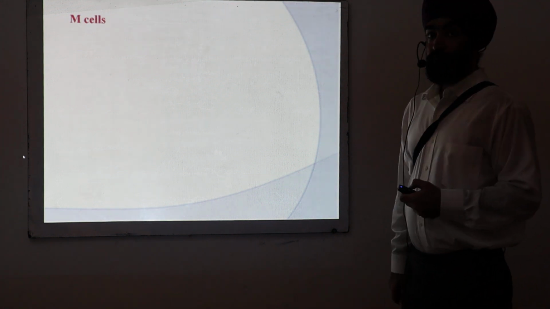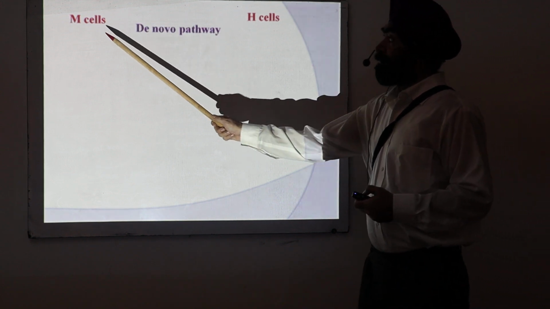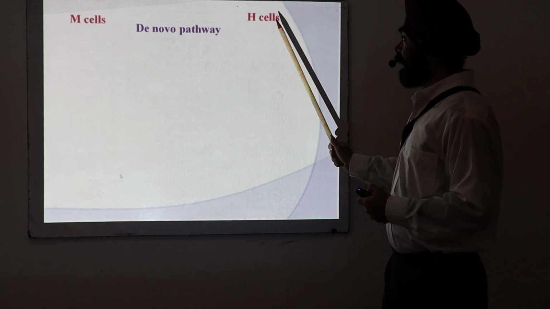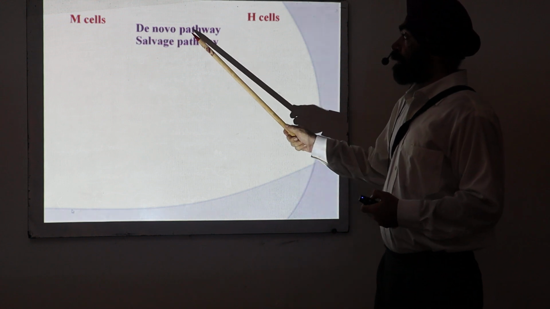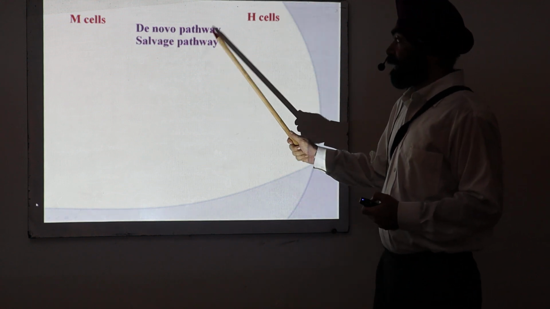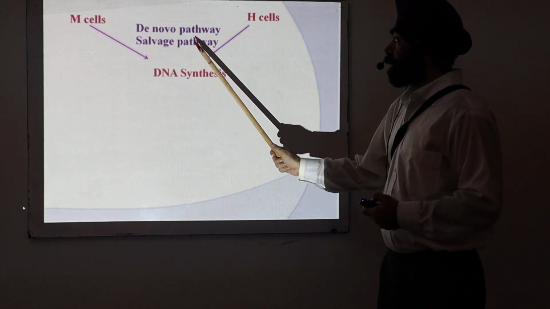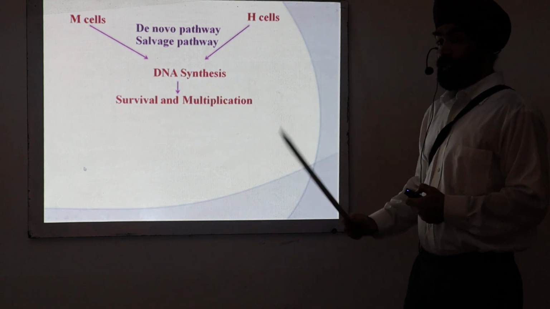So what are we doing now? You see, we are having the M cells, we are having the B cells, and we need H cells, we do not need M cells. As I told, there is a de novo pathway, there is a salvage pathway. These cells can use these two pathways to form DNA, which is required for survival and multiplication.